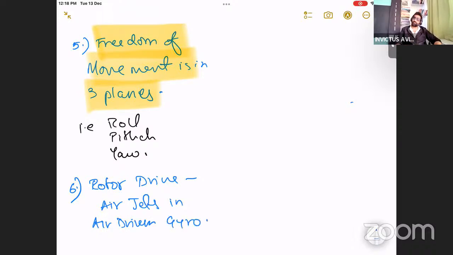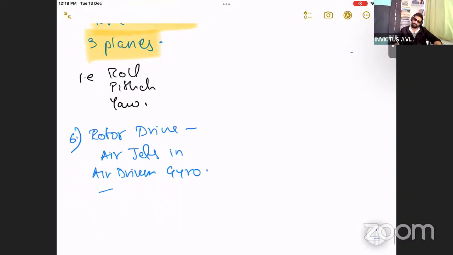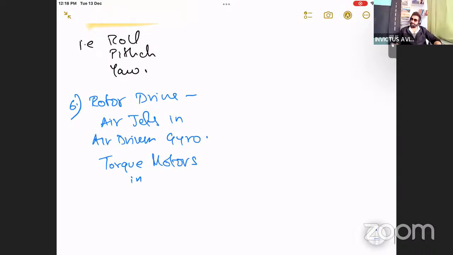And of course, torque motor in electrical gyros. So torque motor will be there whenever you're using electrical gyros, just like in the other gyro we saw. Torque motors are heavy-duty motors. Torque motors are used extensively in aircraft. Torque motors in electrical gyros.